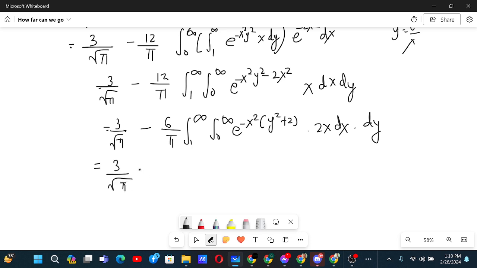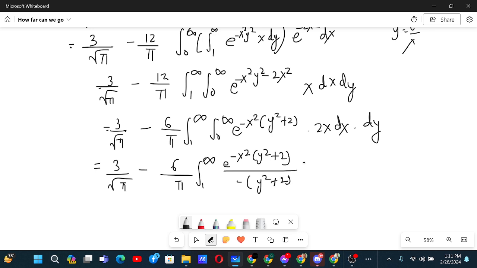3 by root pi minus 6 by pi, integral from 1 to infinity. It is just e to the power minus x square y square plus 2 by minus y square plus 2 from 0 to infinity of dy.